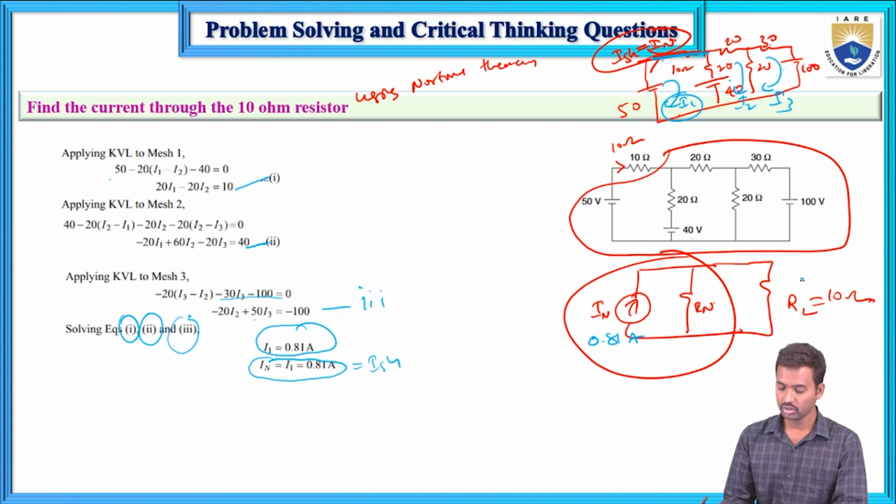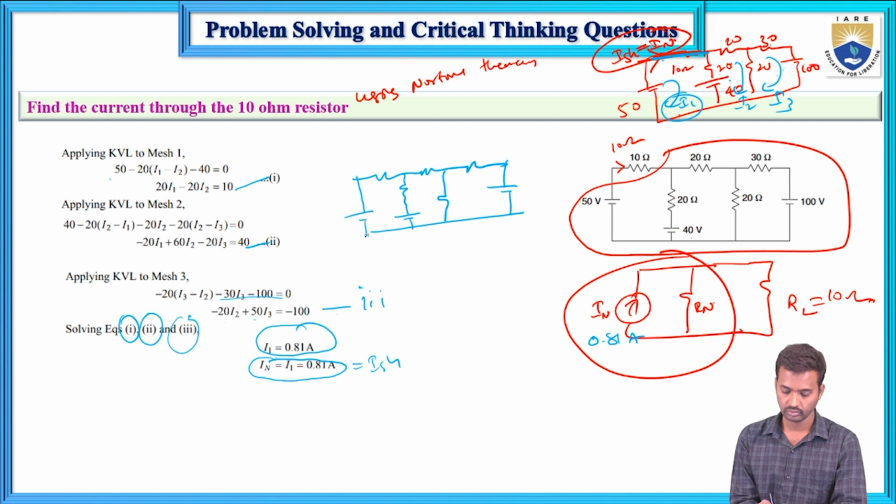So now I am drawing the circuit. Remove the load resistance from the given circuit. This is the circuit. Now I will draw the 20, 30 and 100, and this one is 20, 20, 40 and 50.